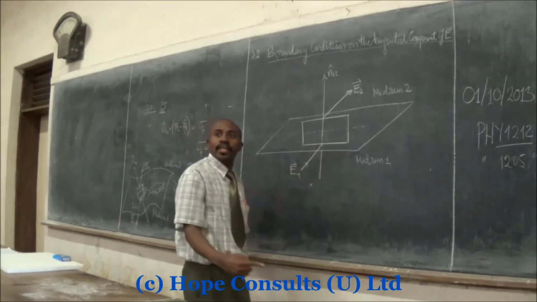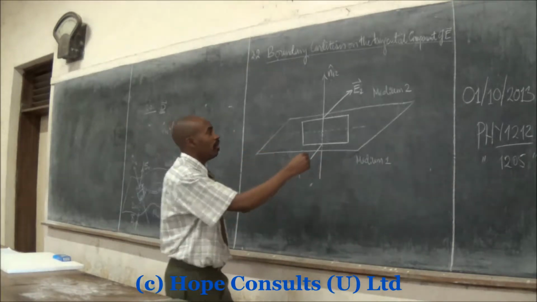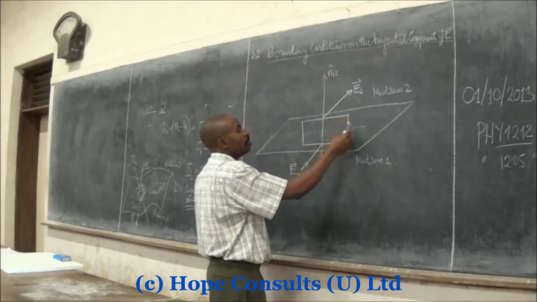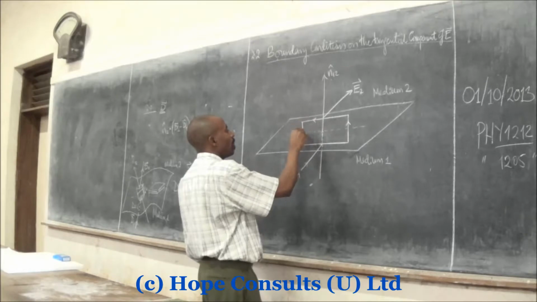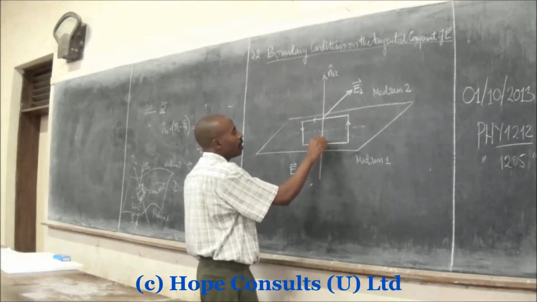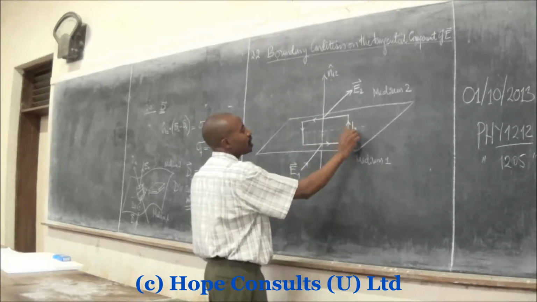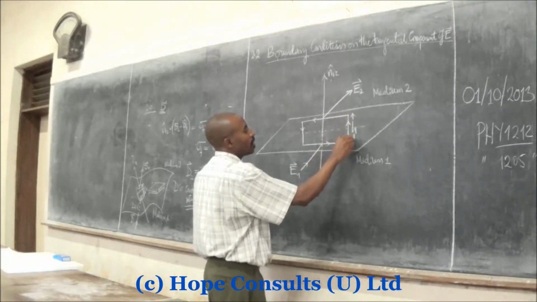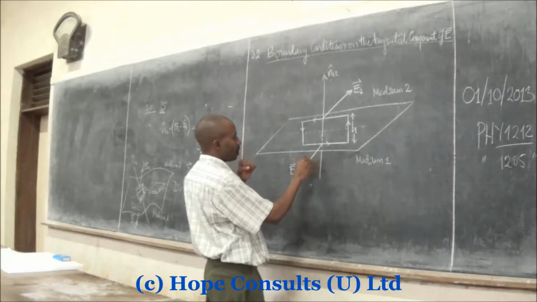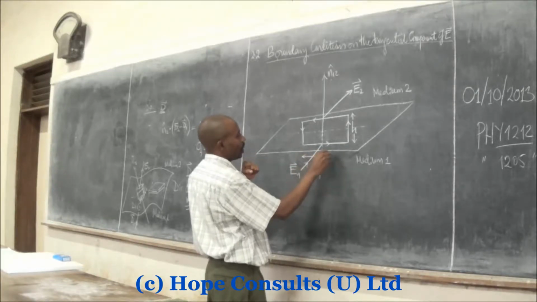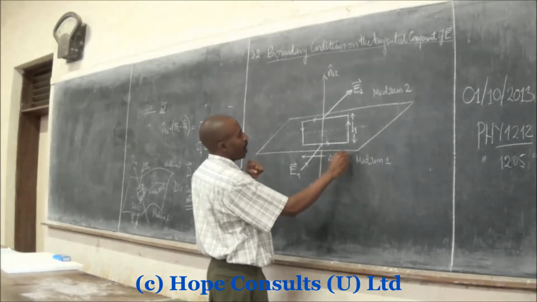So let's take this loop to be moving in an anti-clockwise direction, and take the loop to be of height h and of width dl. So this is dl.